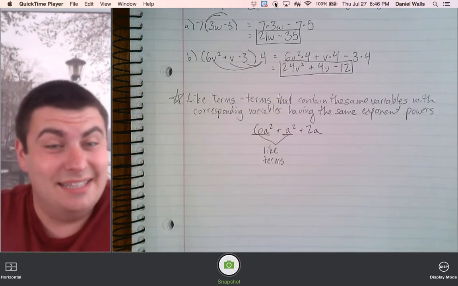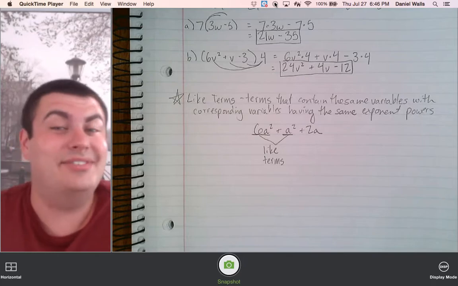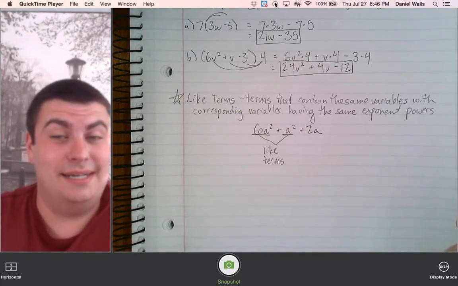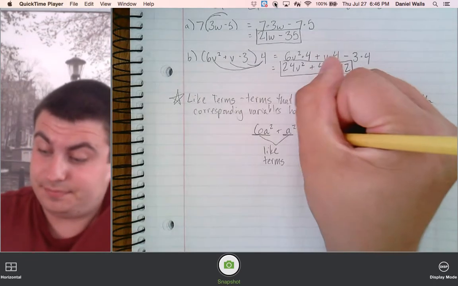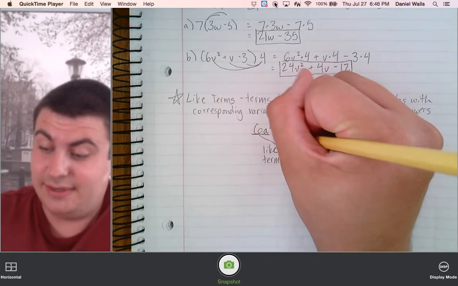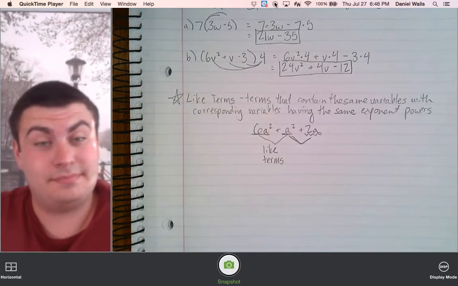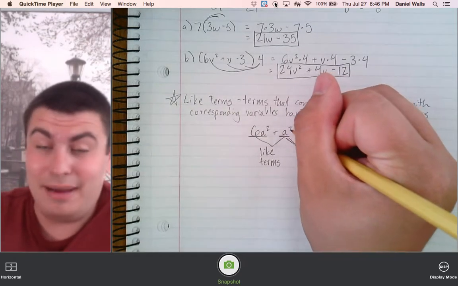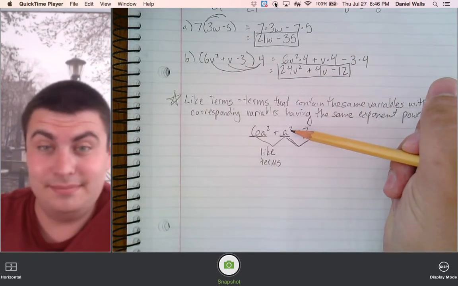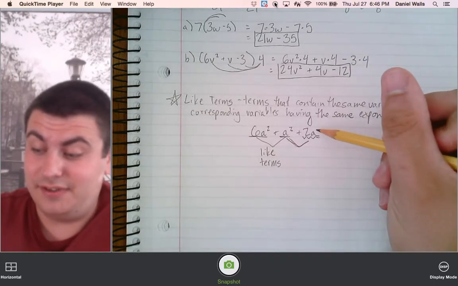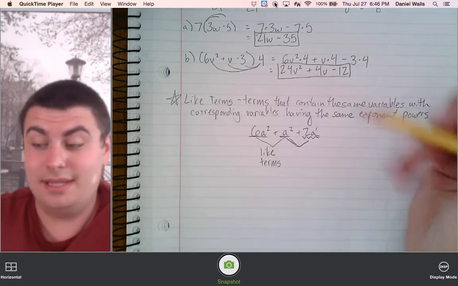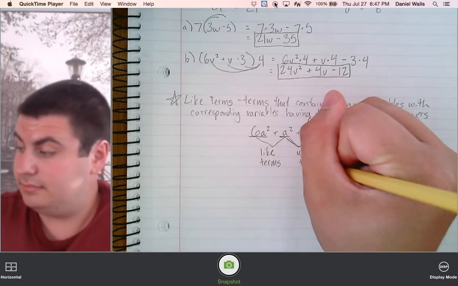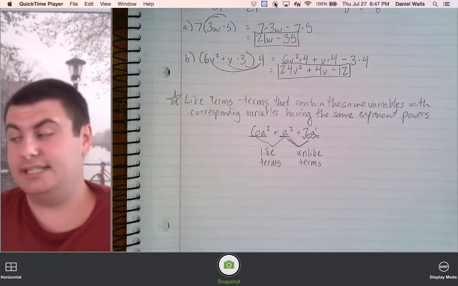We could consolidate those terms and say 7a squared. Now, a squared and 2a: yes, it has the same variable, but is it to the same power? This is to the second power, and this is just to the first power. There's just a 1 hiding there. These are unlike terms.